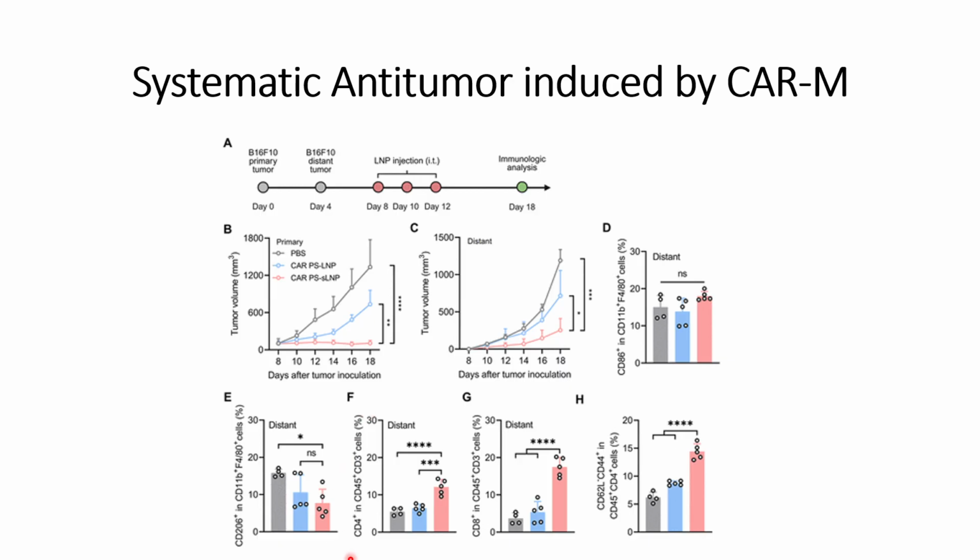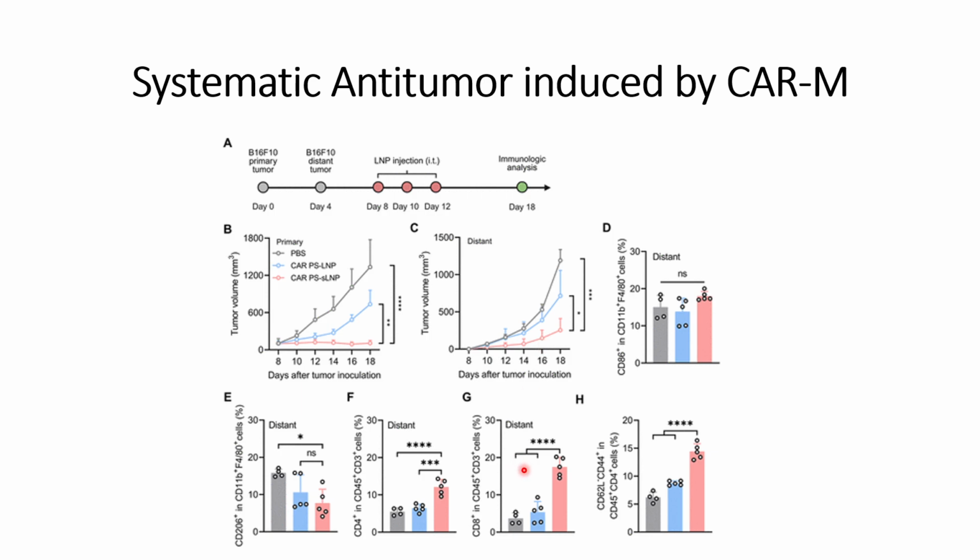When they analyzed the CD4 plus and CD8 plus T cells, they were able to see that those T cells were significantly increased in the case where they used CAR-PS-sLNP compared to the other control cases, for both CD4 plus and CD8 plus, indicating that the primary antitumor response by CAR-macrophages triggers a systemic antitumor response that leads to the activation of the T cells, and those activated T cells lead to the suppression of the tumors at the distant site.